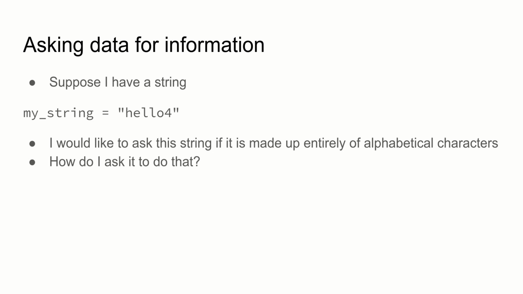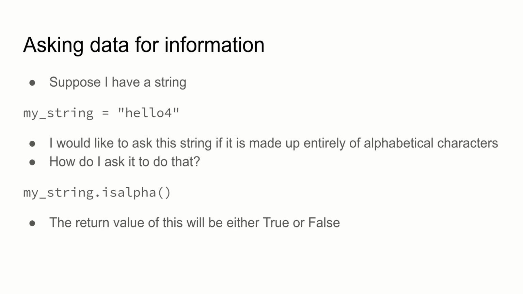Similarly, if I have a string and I want to ask that string if it is made up entirely of alphabetical characters, then think about how you ask it to do that. This one is called myString, and its value that it points to is hello4. So in this case, we know that it will come back telling us, no, it's not entirely made of alphabetical characters, but how we ask it that is myString.isAlpha.